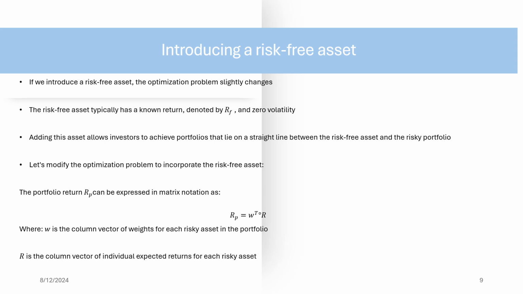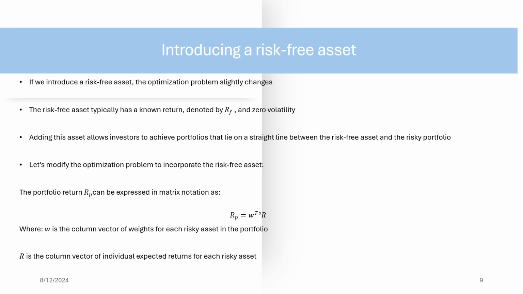Now we go on to introduce a risk-free asset into the portfolio. For instance, you might have all different equities by way of shares, but you may want to include one bond or even a money market asset in your portfolio. So that might have an impact on changing your portfolio weights slightly. So the risk-free rate here is typically known as R_free, and it will have zero volatility.